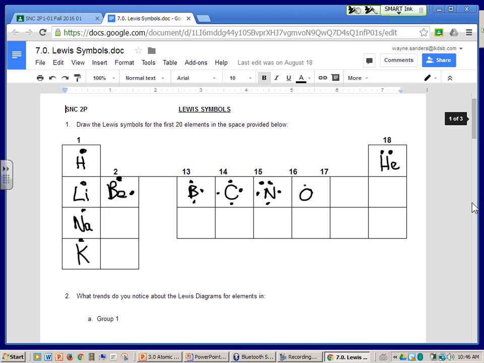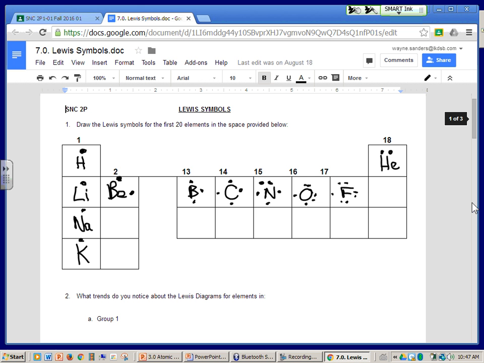Oxygen, 1, 2, 3, 4, pair, 5. Oh, that's really close together. Pair 6. I apologize for that one pair. I can't fix it because my eraser doesn't work. Fluorine. 1, 2, 3, 4, 5, 6, 7.